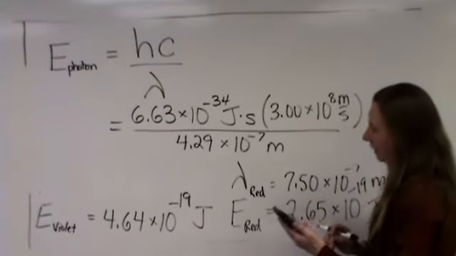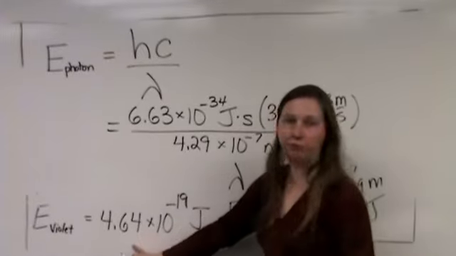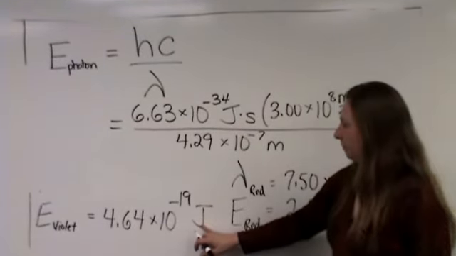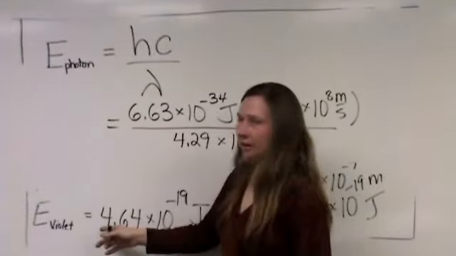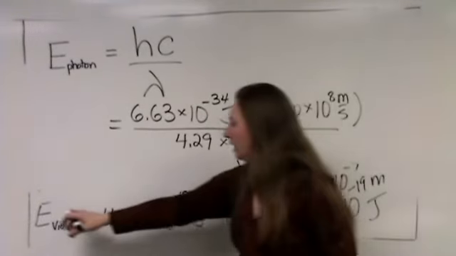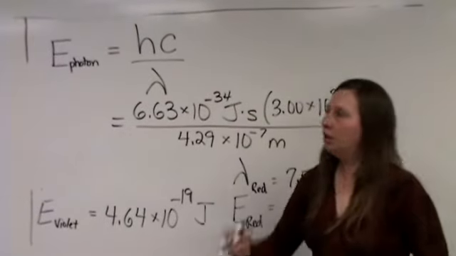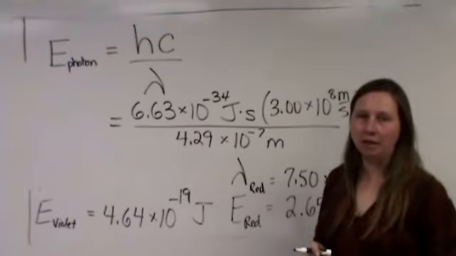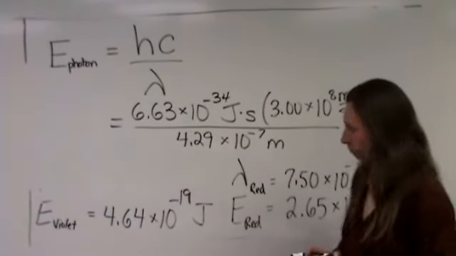All right, I'm getting 4.64 on the nose times 10 to the negative 19. I got the same amount of energy whether I calculated E using the frequency or I calculated E using the wavelength, which corresponds to that same frequency.